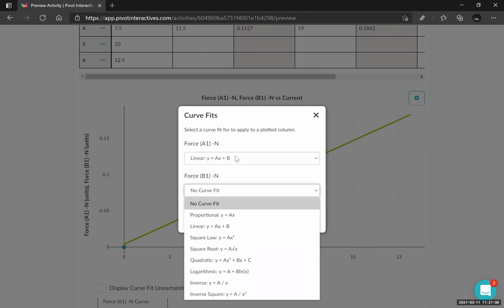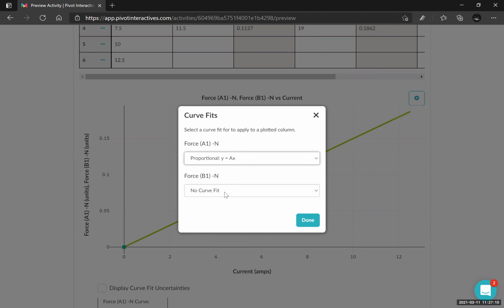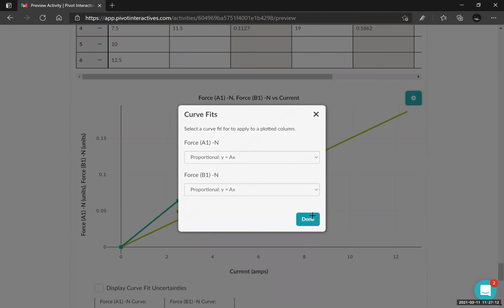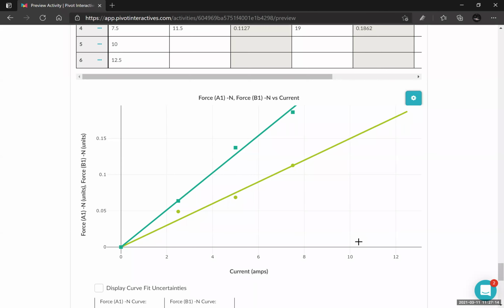If you look at plot 1 versus plot 2, this one here is for A, and the darker one is for B. You can see for every current, let's say 5 amps, force for magnet A is here, force for magnet B is here, which means it's much stronger.